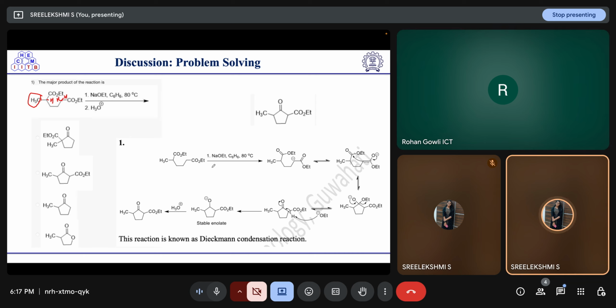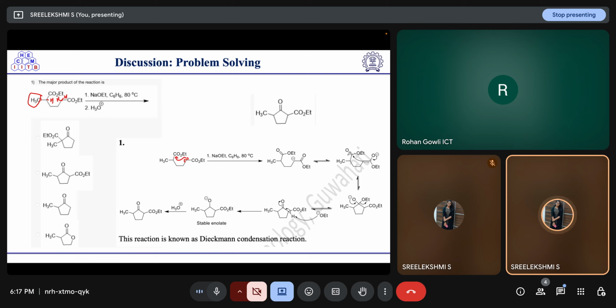Okay. So firstly, sodium ethoxide will take a proton from this center and form this anion, which can exist in this enolic form as well. That is, this negative charge will come over here, this bond will shift over here, and it will exist in this enolic form. And when this O minus comes back, this negative charge, whatever is forming here, will go and attack at this carbonyl carbon center.